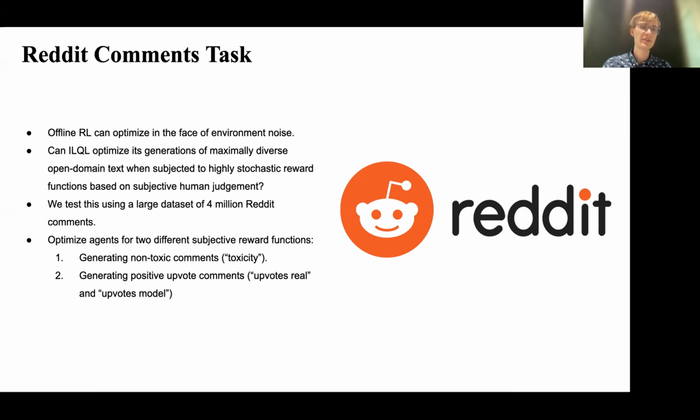We wanted to see, in NLP, a lot of reward functions might be highly noisy or subjective. For example, given a comment on social media, 2 people might disagree about whether to classify the comment as toxic. So there might be lots of subjective things in language that result in really noisy reward functions. And so we want to see how well ILQL can optimize these really noisy reward functions.